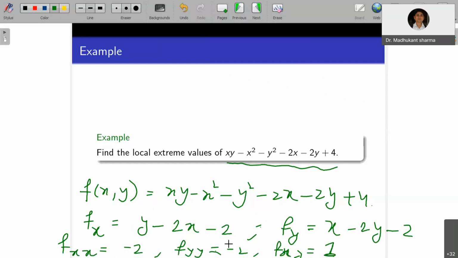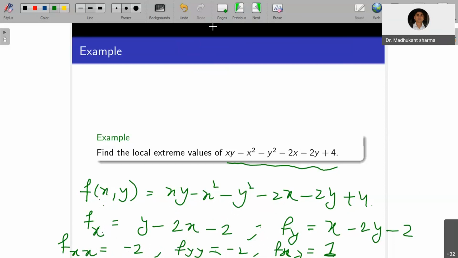So all are constants, again continuous. So all of the conditions of the second derivative test are verified regarding the continuity of the function and its first and second order partial derivatives. Further higher order derivatives are 0, which you can also verify.